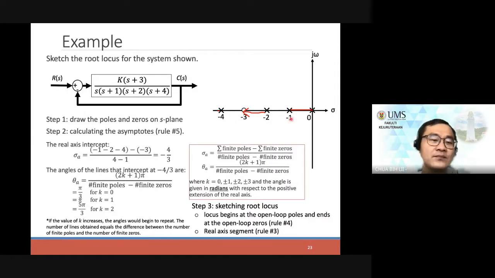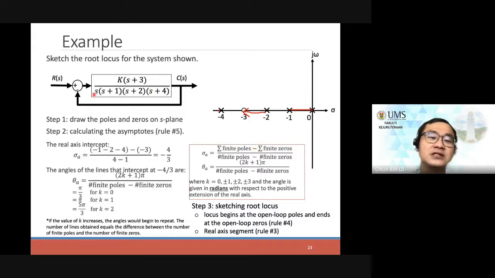So next, maybe we can identify the asymptotes, the real axis intercept, as we have seen previously, rule number 5, infinities. We can estimate the real axis intercept by summing all the finite poles.